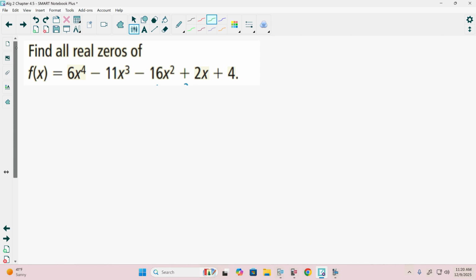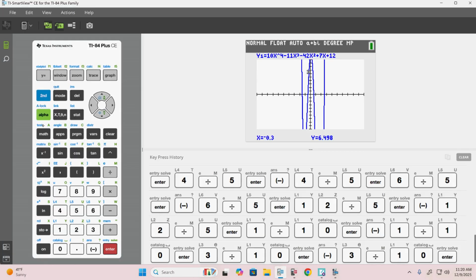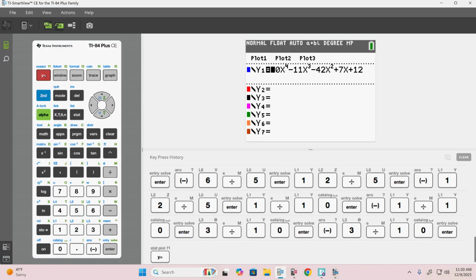Let's look at the next one. 6x to the fourth minus 11x cubed minus 16x squared plus 2x plus 4. If we wanted to, we can start off by graphing this. And if you notice, a lot of this solving is based around graphing, being able to plug these in.